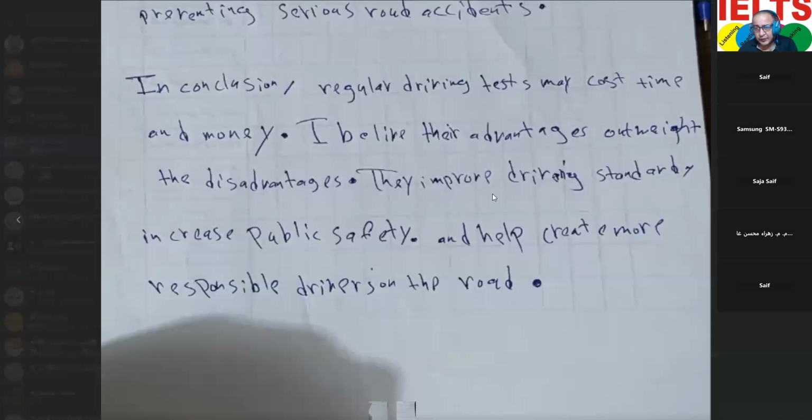They improve driving standards, increase public safety and help create more responsible drivers on the road. Why is there a Y here? You don't need the Y.